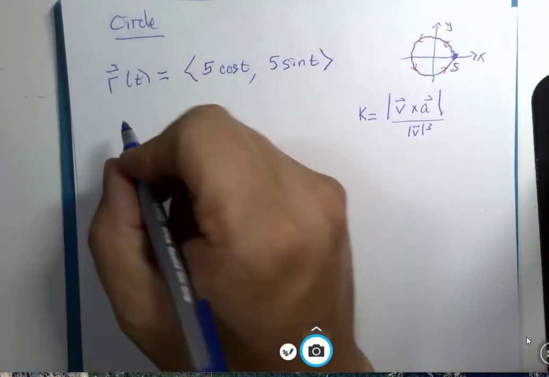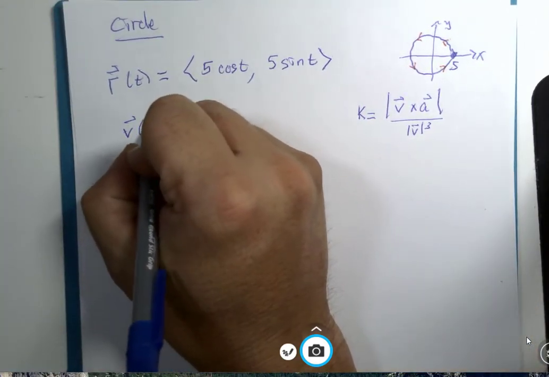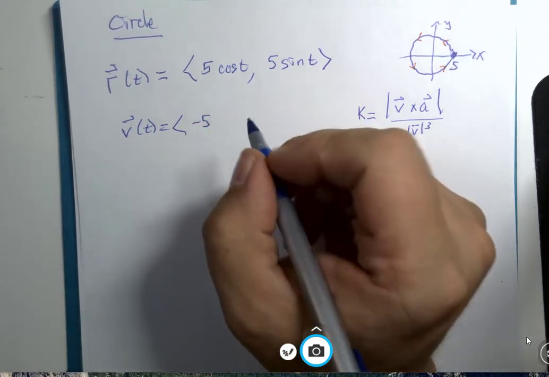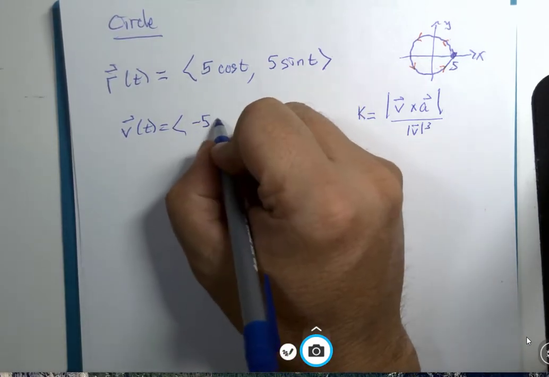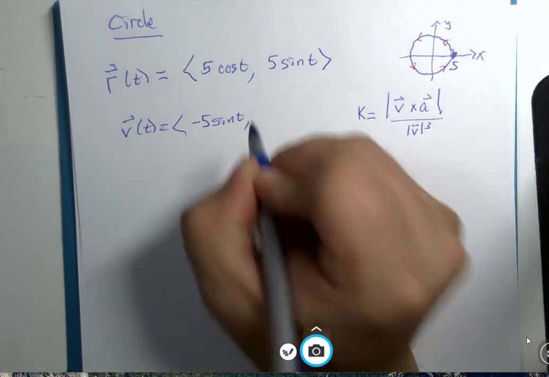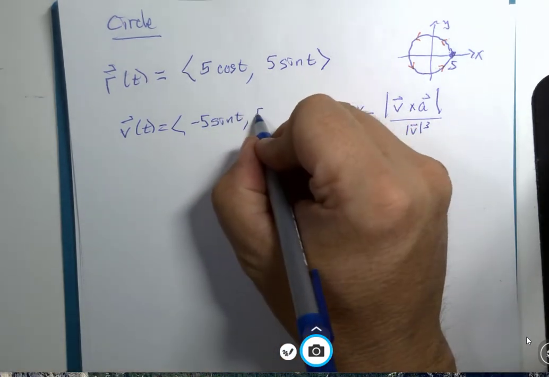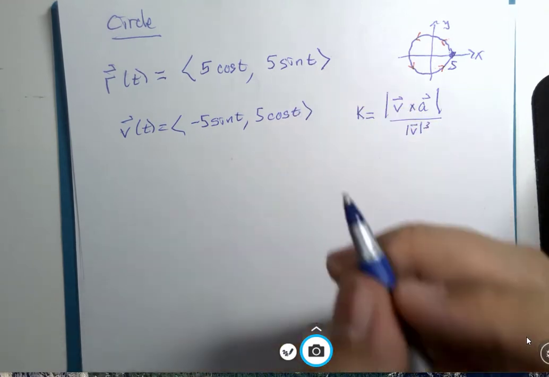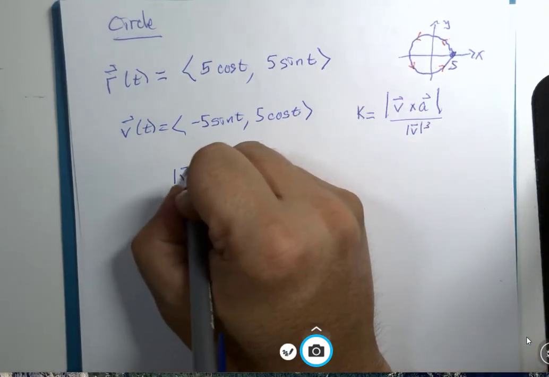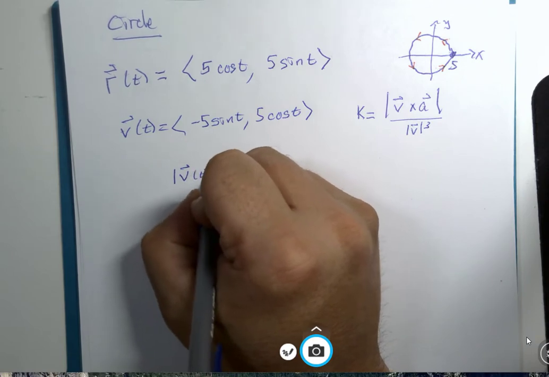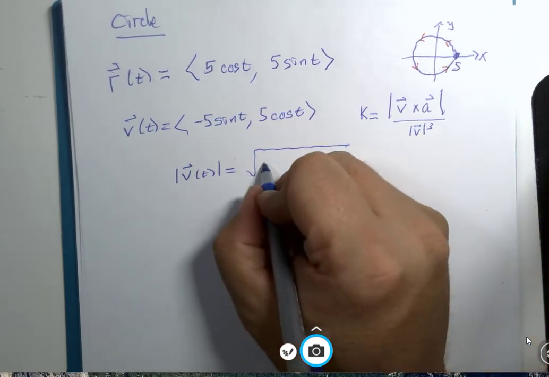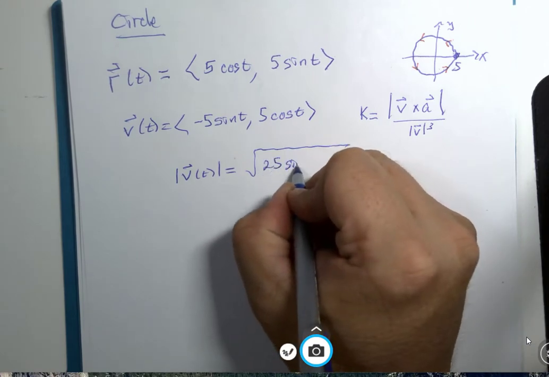So, velocity vector, -5 sine t, comma, 5 cosine t. The magnitude of that vector, that would be 25 sine squared t.